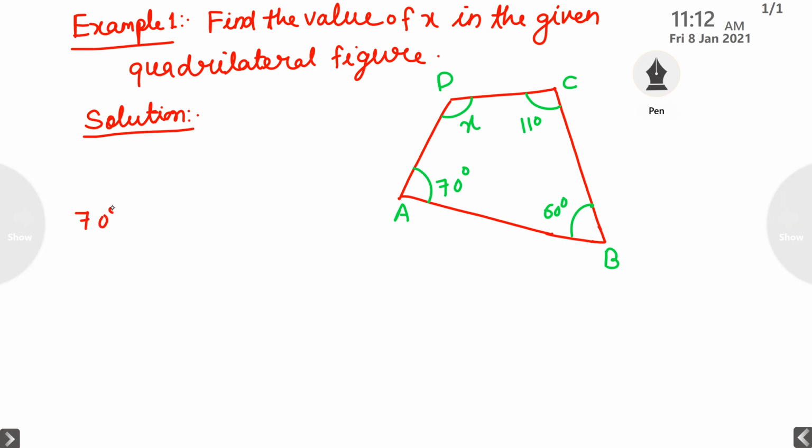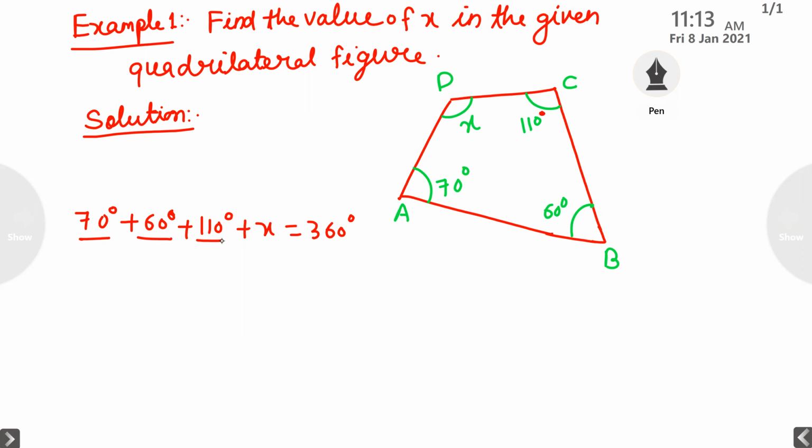70 degrees plus 60 degrees plus 110 degrees plus x equals 360 degrees. Now 70 is constant, 60 is constant, 110 is constant. Firstly, I have to add 70 plus 60 plus 110. Whatever value we are adding, after that this value we have to transpose to the right side.